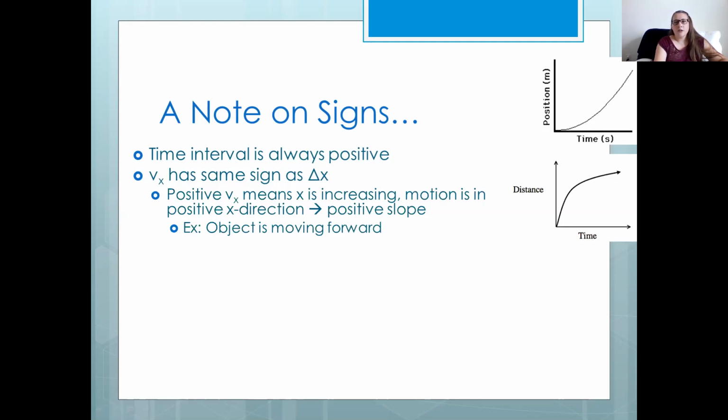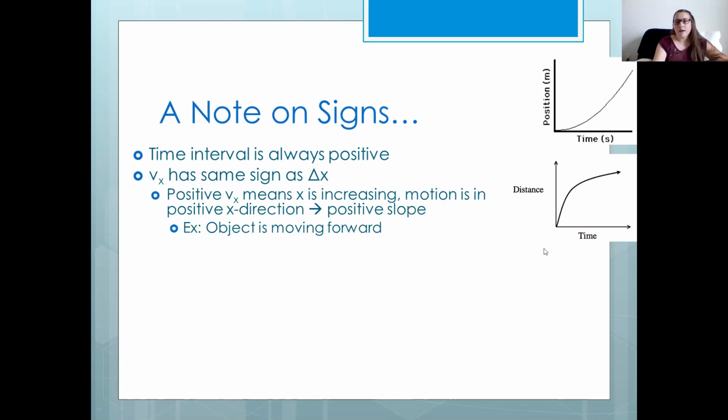So that means our object's velocity is getting bigger and bigger, because remember, velocity is the slope of that line. So we're starting off slow, our velocity is getting a little bit bigger and a little bit bigger. This top would be the case of our race car starting a race and speeding up.